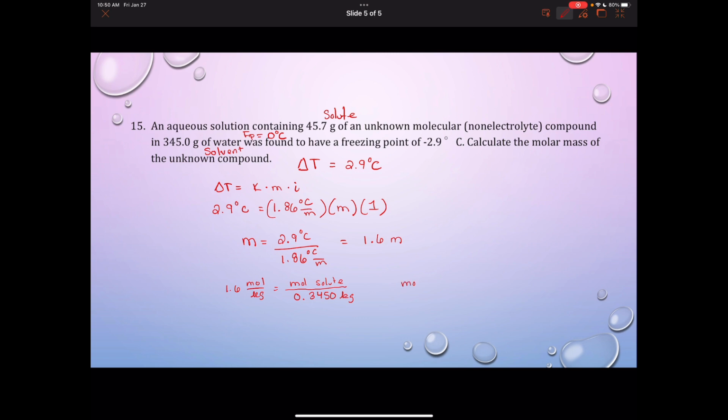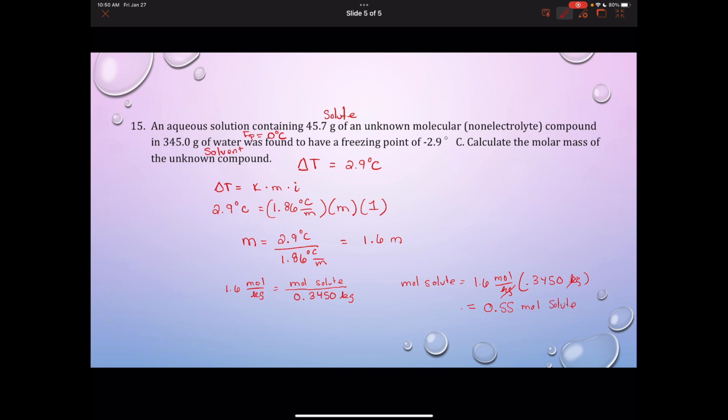So rearranging, our solute moles will be the 1.6 times 0.345. So my solute moles are going to be 0.55 moles.